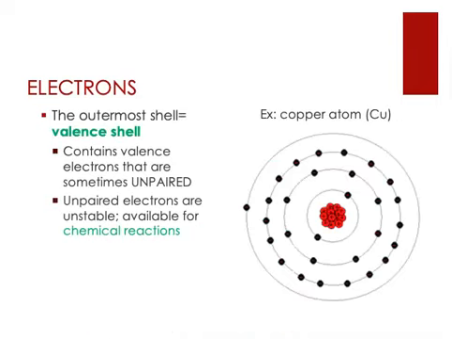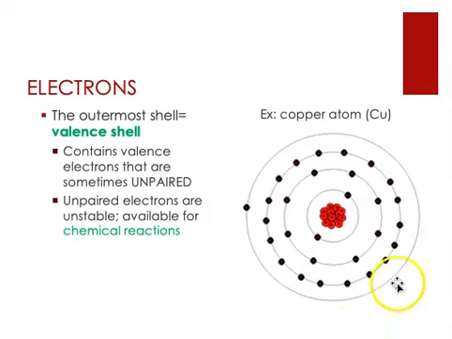Now, the outermost shell around an atomic nucleus is called the valence shell. We care about the valence shell a lot because the valence shell can contain electrons that are sometimes unpaired. Unpaired electrons are unstable, and they are available for chemical reactions.